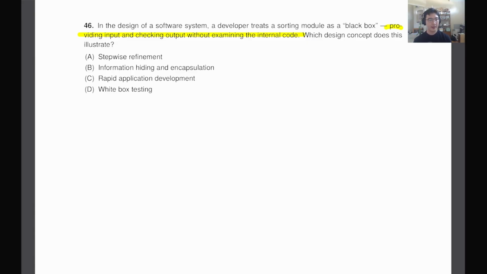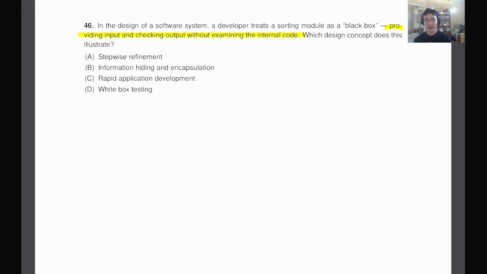C, rapid application development. This term is a software development methodology focused on fast prototyping and iterative delivery rather than structural abstraction. Again, there's nothing about fast prototyping and iterative development in this question 46. So that's not the best. And on D, white box testing, well, white box and black box seem like opposites.